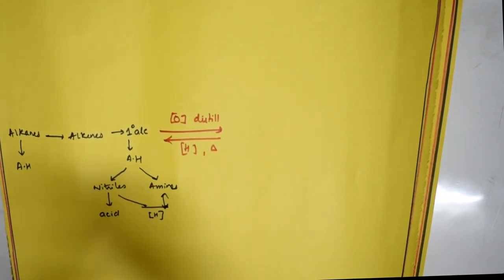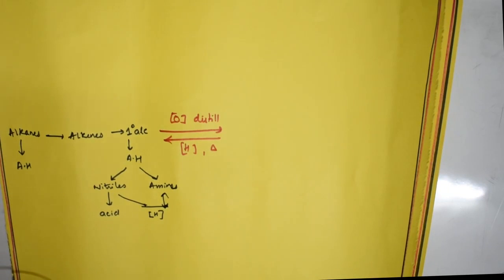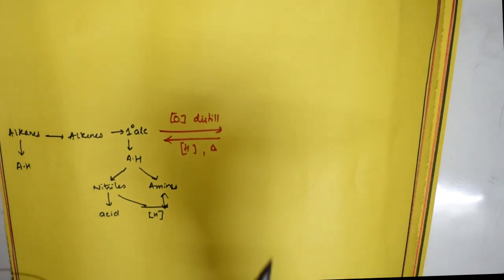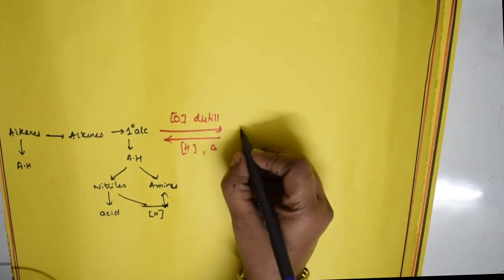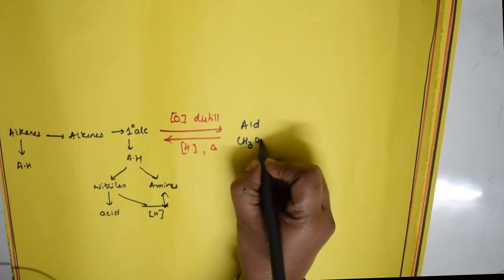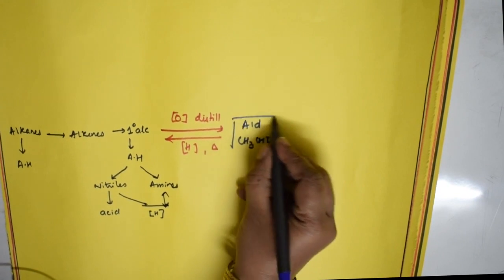The primary alcohols on oxidation, that is removal of hydrogen and addition of oxygen, on distilling are going to get converted to aldehyde, that is CHO. Now let us see the reactions of these aldehydes.